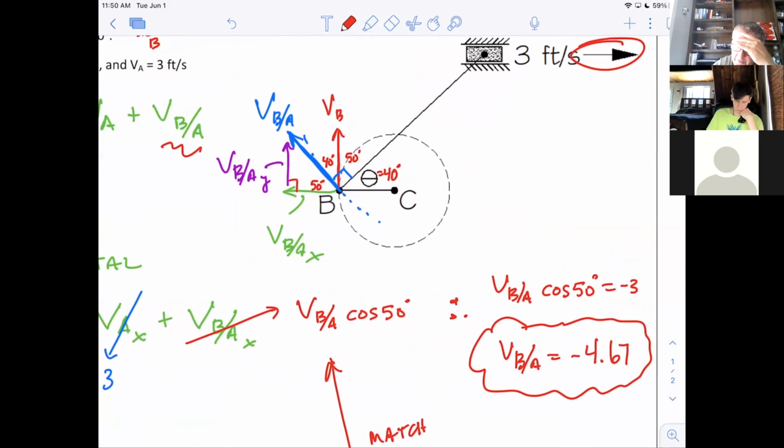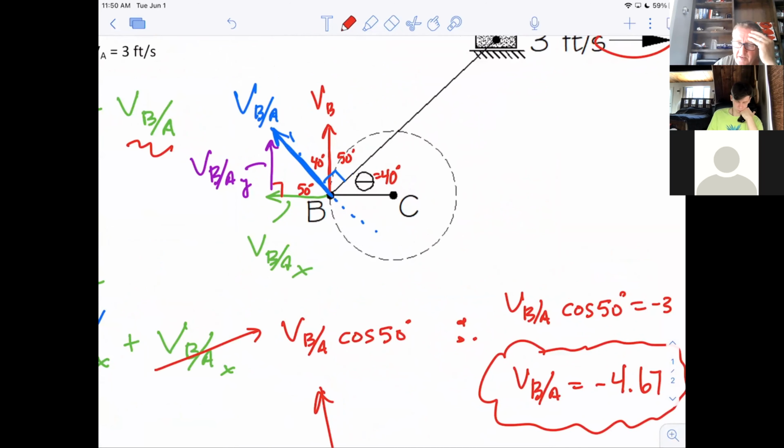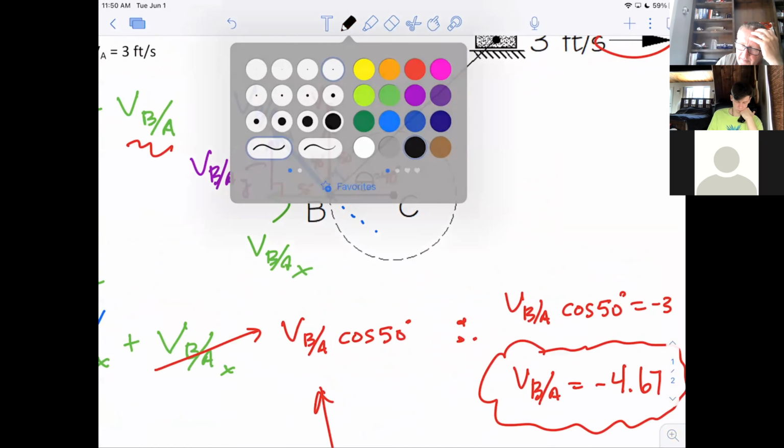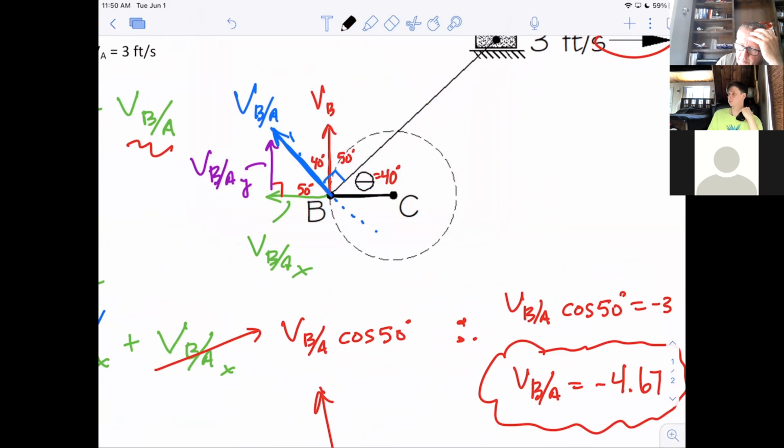So let's stare at this picture for a second. If I want to know what this link here, link BC, is doing, in other words, how fast is it rotating around? And again, the only reason we're talking about link BC is to give us something to stare at. We could just be talking about the angular velocity of point B. Well, because point B is rotating around C, then this is the velocity we're concerned with. Does that make sense? And this is the radius we're concerned with.